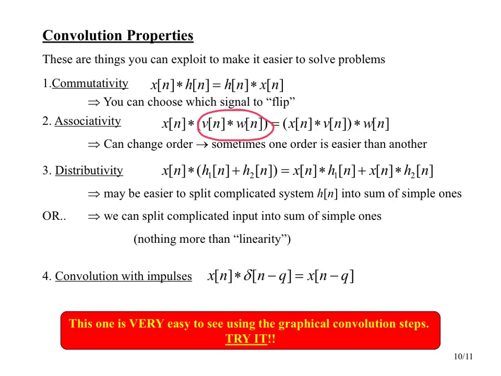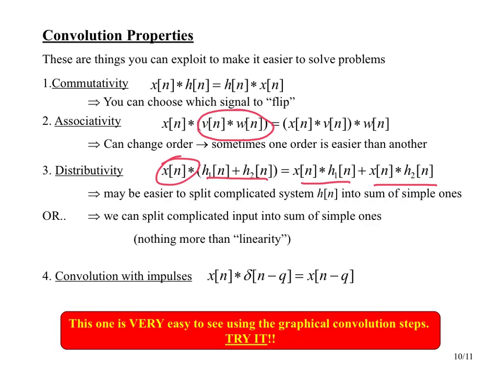This one says that if we take x and convolve it with some system with impulse response h1, and take x and convolve it with an impulse response h2, and then add those outputs together, we could replace that scenario with just a single system whose impulse response is the sum of the two individuals, and then convolve that single resulting impulse response with x.